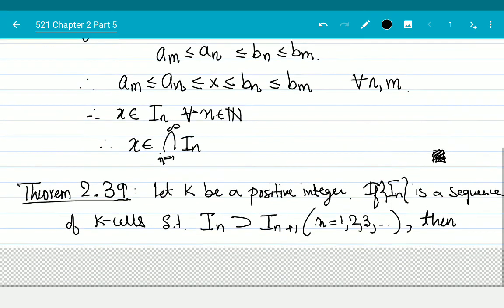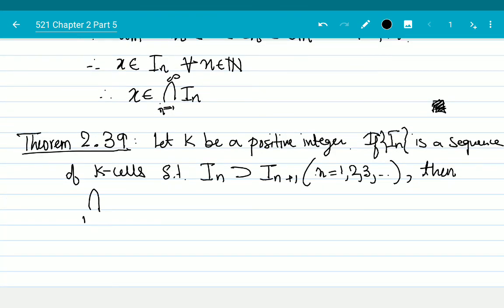Then the intersection over n = 1 to infinity of I_n is non-empty.